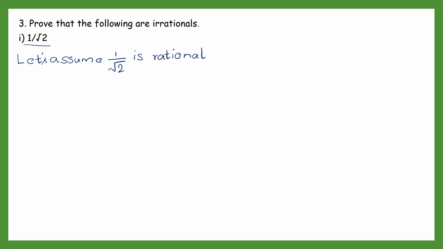If any number is rational, it can be expressed in the form of a by b. When do you call a number a rational number? It should be expressed in the form of a by b, where a and b are integers and b not equal to 0. Here also 1 by root 2 is a rational number, so 1 by root 2 can be expressed as a by b.